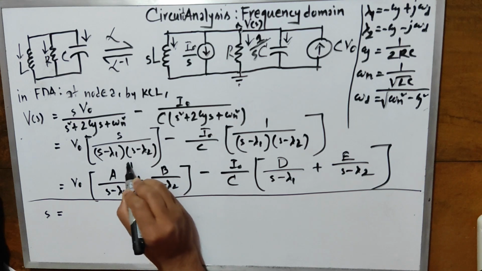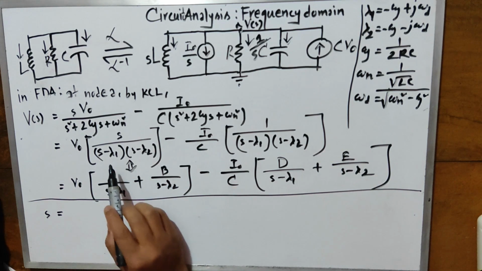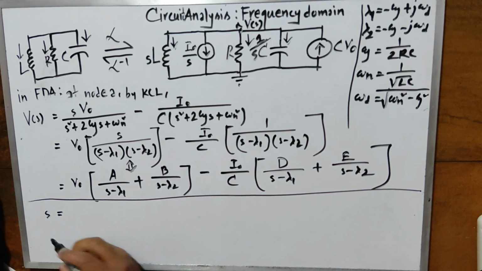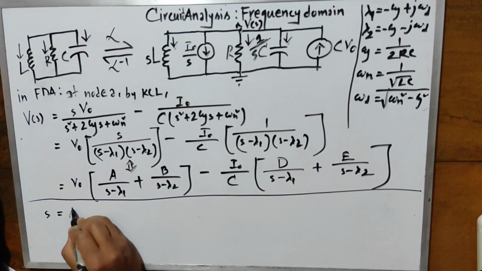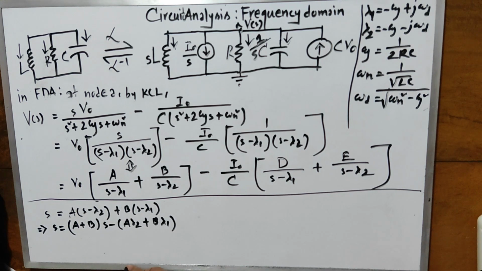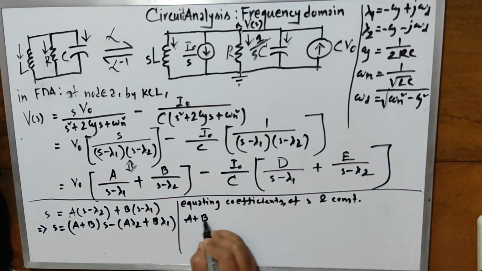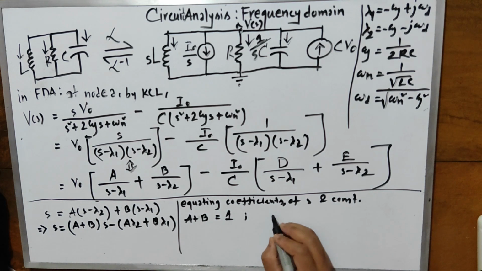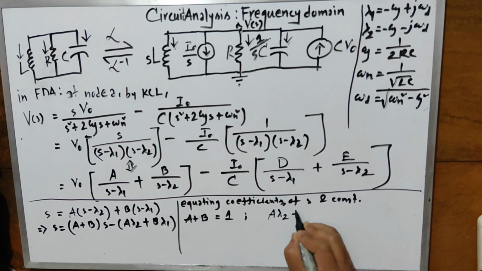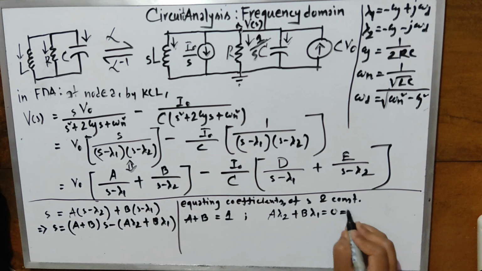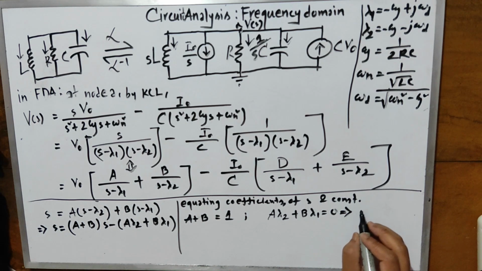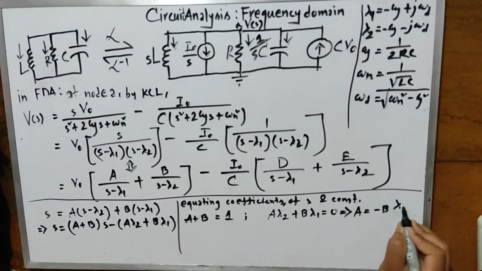If I multiply on both sides, it will give me s equals a. Now if I equate the coefficients, it will give me a plus b equals 1, and a lambda 2 plus b lambda 1 equals 0, from which I can get a equals minus b lambda 1 by lambda 2.